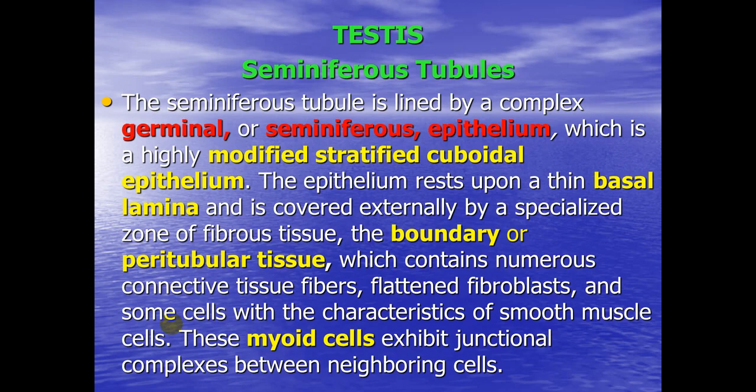It is a modification of the smooth muscle cells, but these cells are not spindle shaped. They have processes. They are slightly stellate, and neighbor cells exhibit junctional complexes between them.